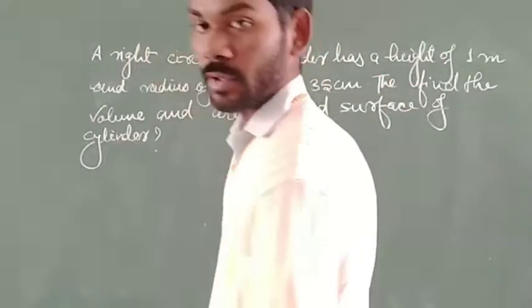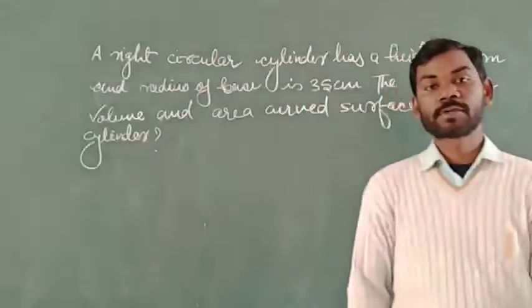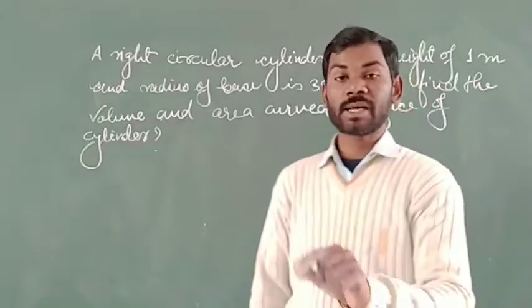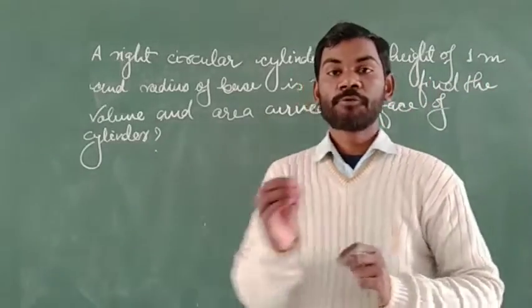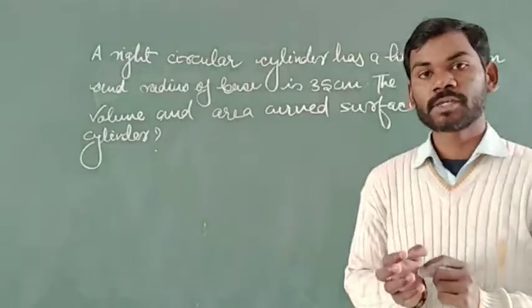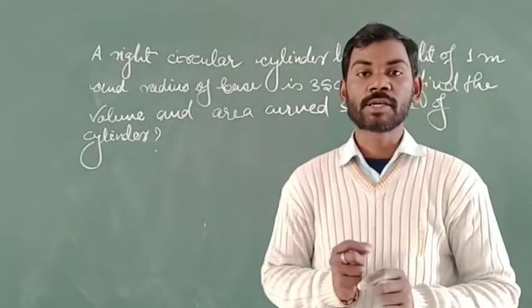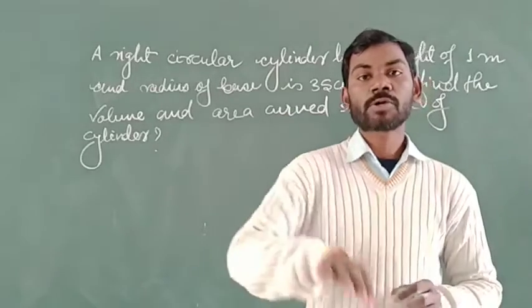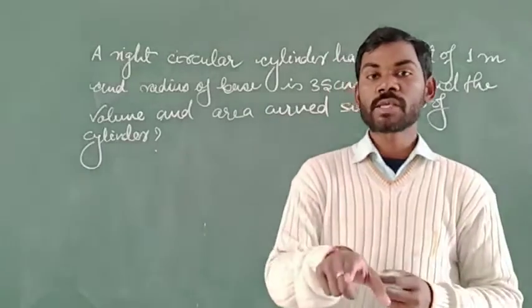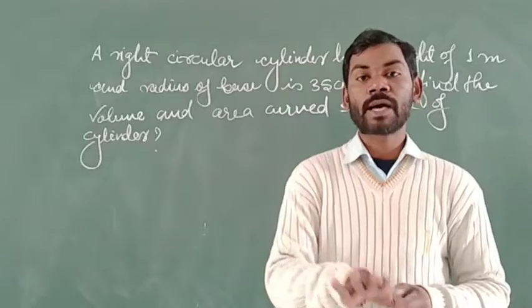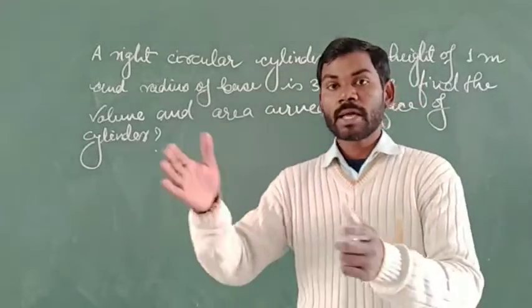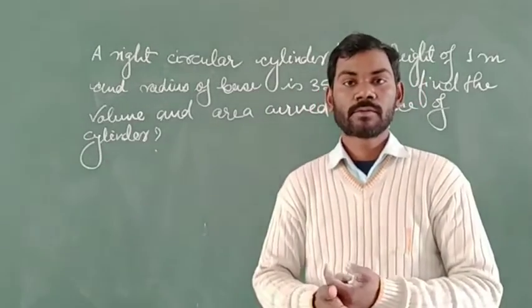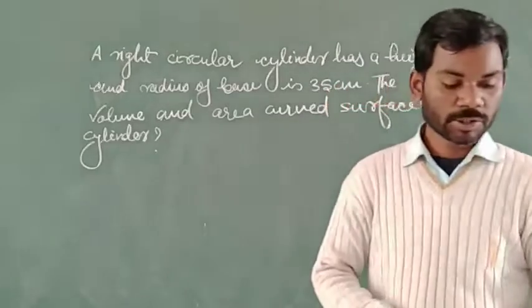Here, there is a slight difference between the surface area and the curved surface area. When we talk about the curved surface area, we only consider 2 pi r into h. But whenever we talk about the total surface area, we use the formula 2 pi r (h plus r). Okay, so let us see the solution.